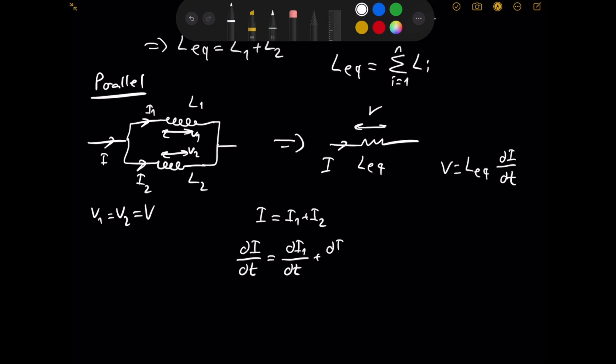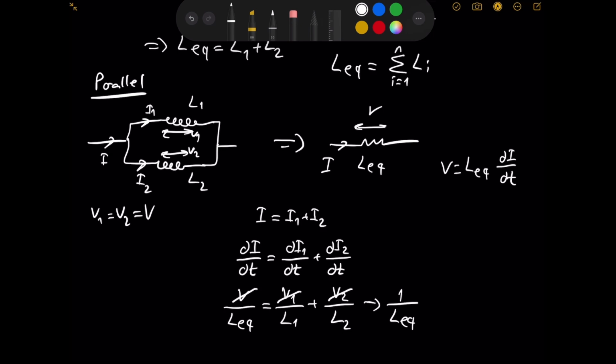At this point, if I substitute for di by dt, it's going to be V over L equivalent equaling, for the di1 by dt, V1 over L1 plus V2 over L2. As we discussed, these are the same. So you get that 1 over L equivalent is equal to 1 over L1 plus 1 over L2.